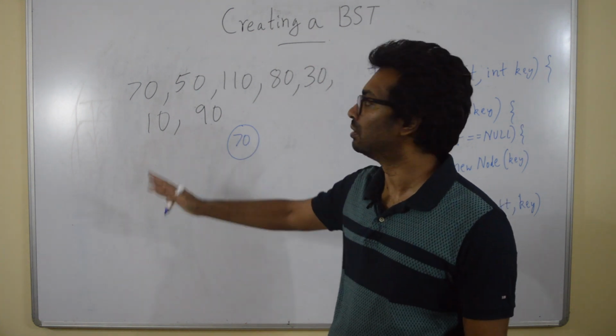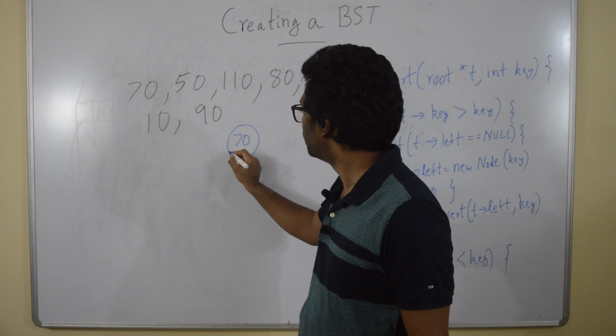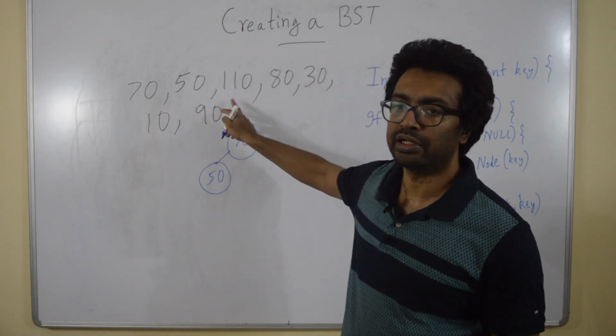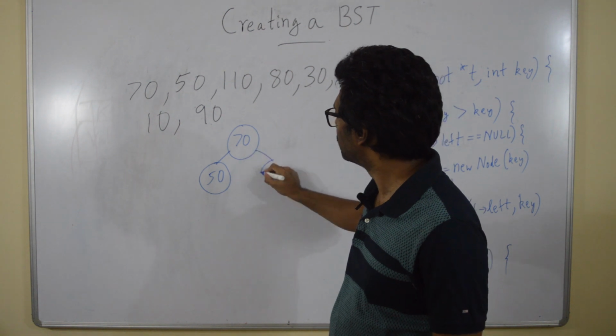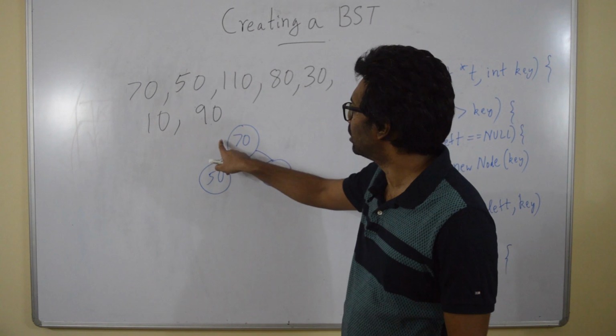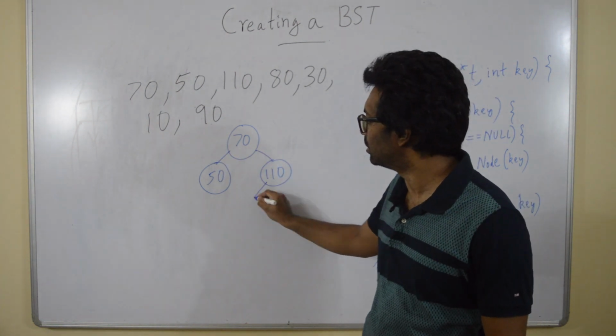Okay. Then 50 needs to be inserted. I come here and I put it on the left. 110 comes here, so I come here and I put it here. 80 comes here, I come here. 80 is greater, so I come here, and 80 has to be less, right?